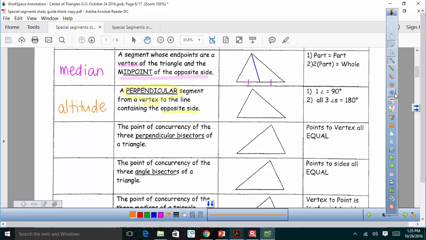So again, this one goes from the vertex straight down to the opposite side. So if I start at the vertex here, from the vertex straight down, this is what makes the 90-degree angle.